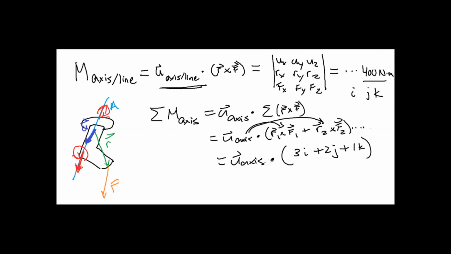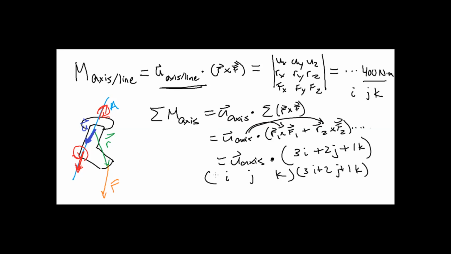Well, if you remember anything about the dot product in 3D space, you'll also know that it's basically just the X components times the X components, the Y components times the Y components, and the Z components times the Z components.